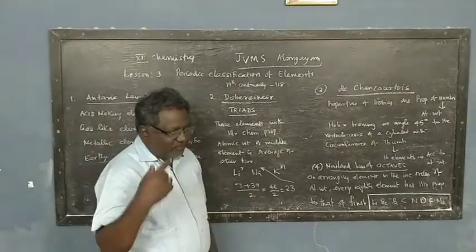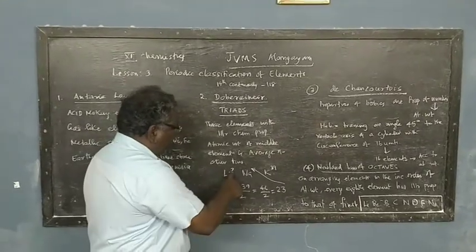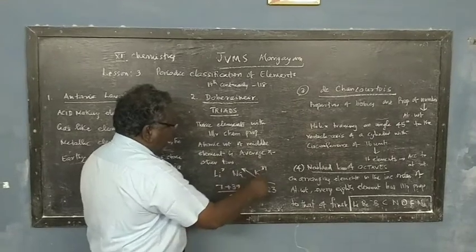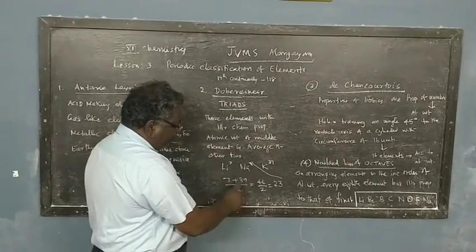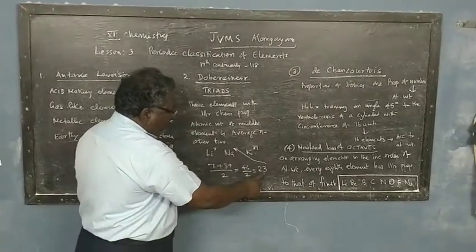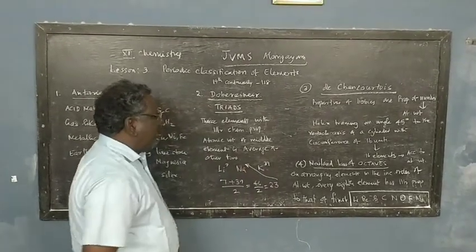And the second condition is that the atomic weight of the first and the third element, you have to add and find out the mean, the arithmetic mean or average of this. That will get a number. That will automatically become the atomic weight of the middle element.